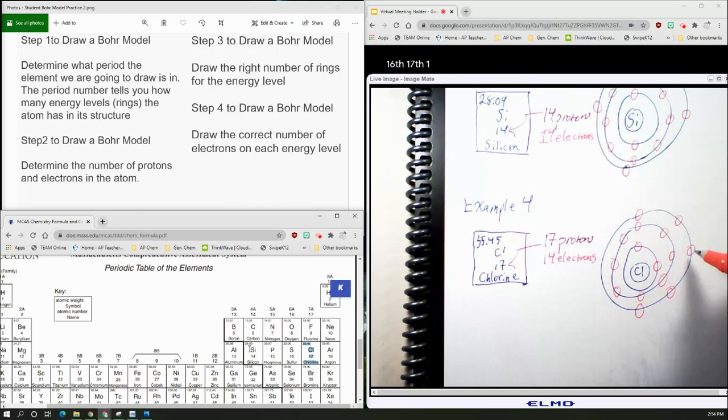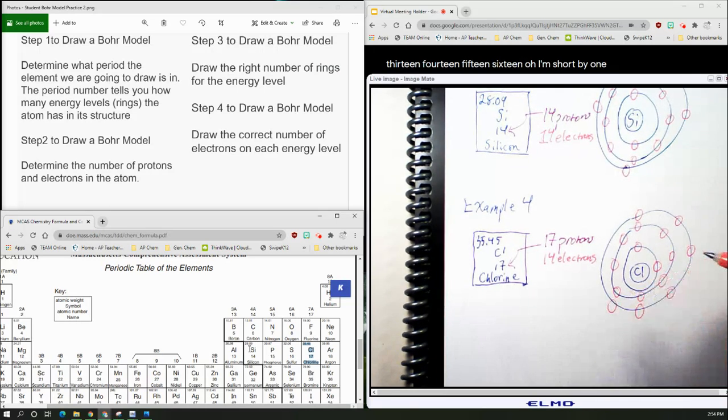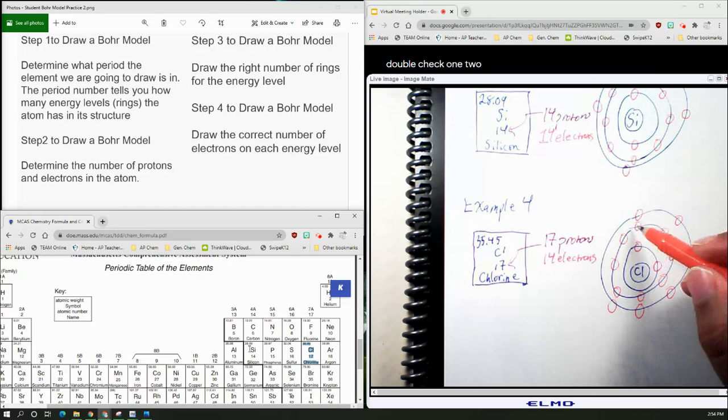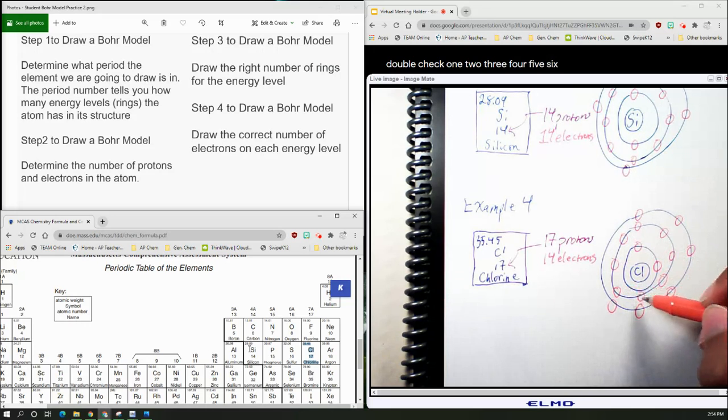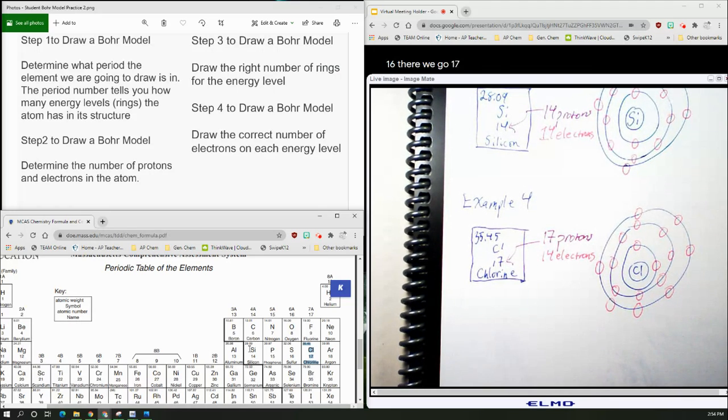Oh, I'm short by 1. All right, let's just double check. There we go. 17 electrons for the Bohr model of chlorine.